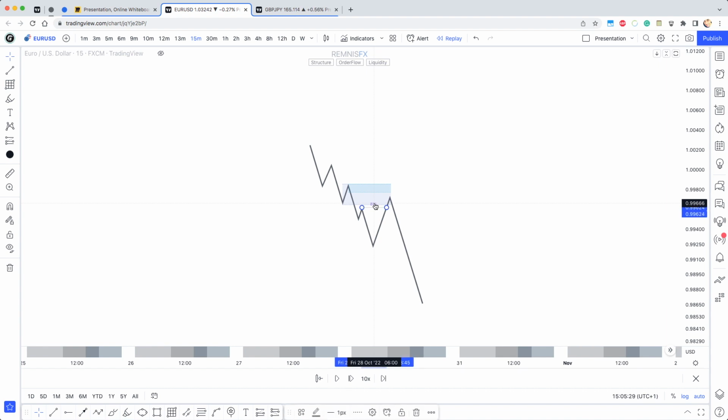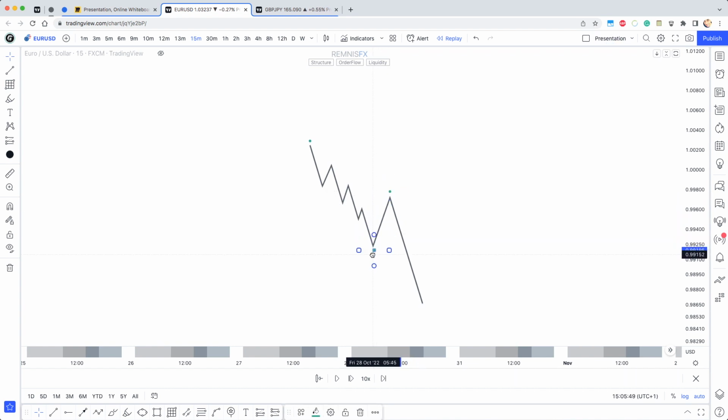Now, if we bring the whole picture together like this, let's say this here is our high, lower high, right? Then this point here would be our next lower high.